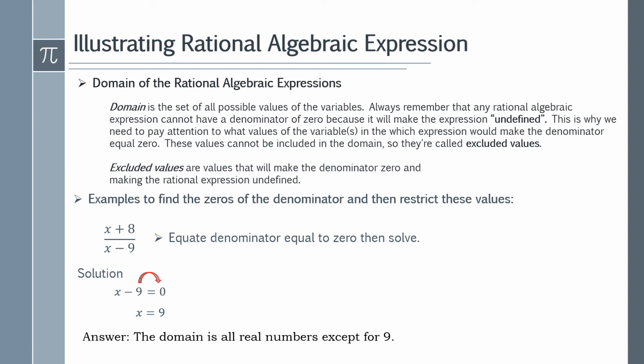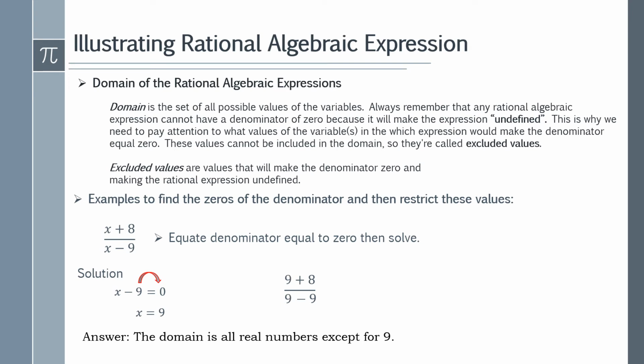Meaning, the domain is all real numbers except for 9. Meaning, lahat ng numbers sa real number system, pwedeng maging solution or part ng domain mo except for 9. Hindi pwede si 9. Bakit kaya hindi pwede si 9? Because, if we substitute 9 now, class, sa ating given, look what will happen.